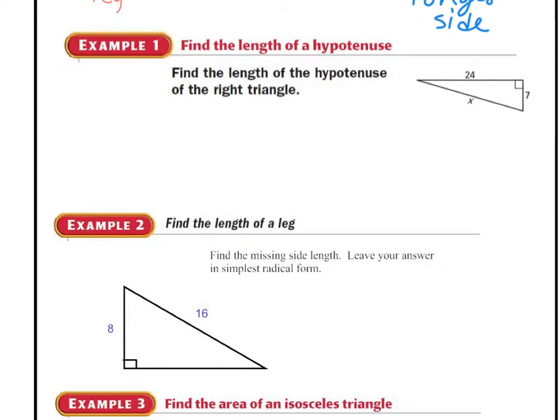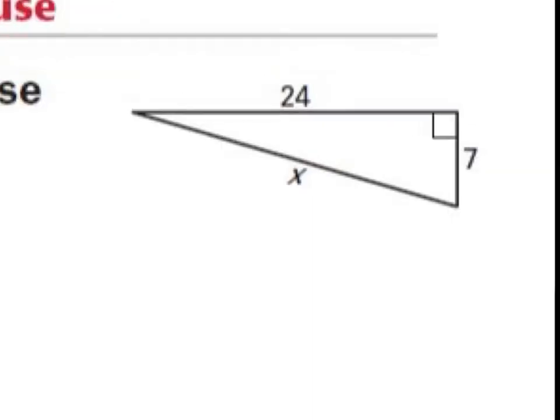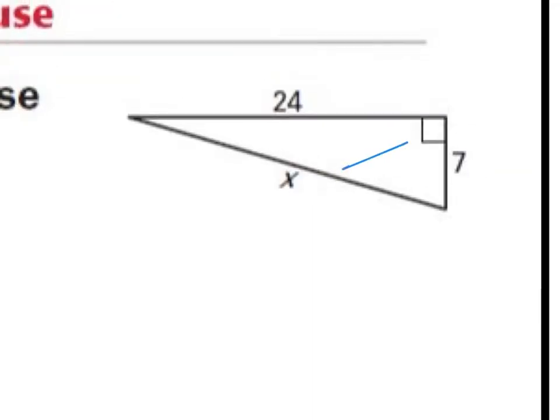I would always write down the Pythagorean theorem first and mark whichever side is C, because A and B, it doesn't really matter. You're going to see me draw an arrow across the right angle and write C. The other two are A and B. Doesn't matter.